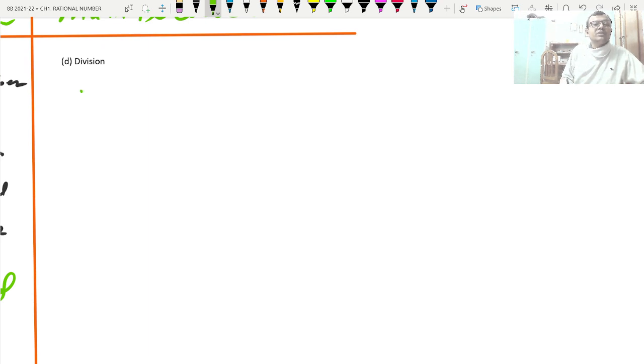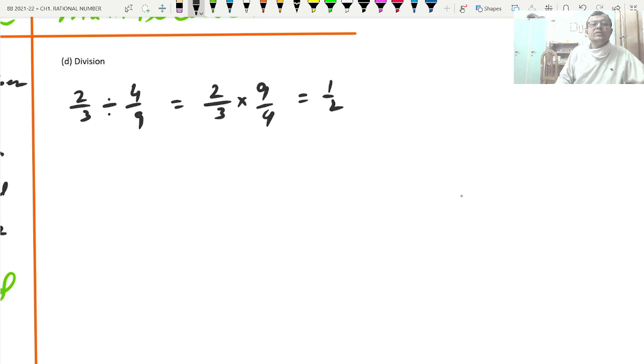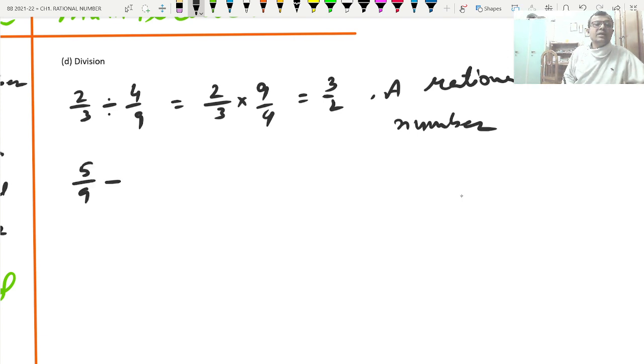You take two rational numbers, 2 by 3 divided by 4 by 9, suppose. How can we write this? 2 by 3 into 9 by 4, right? This will be 3 by 2. This is a rational number. But let us see 5 by 9 divided by 0.